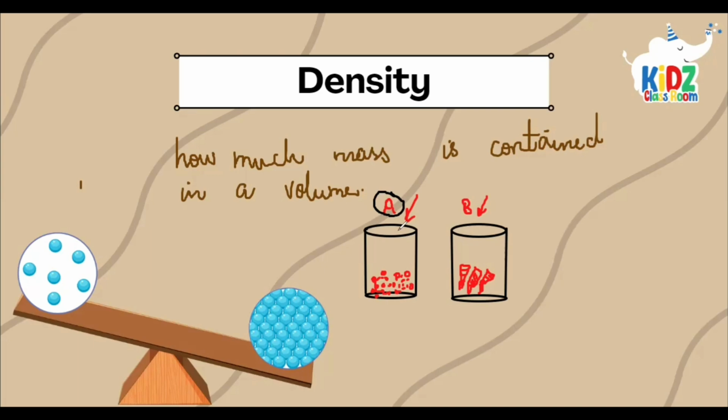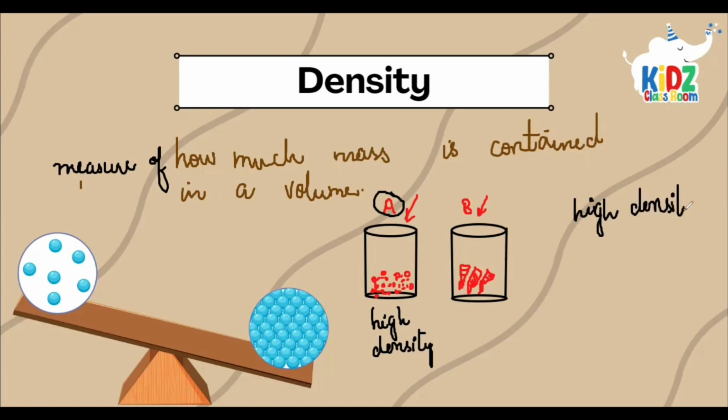So this means that the marbles are tightly packed, making the jar heavier and denser, which means that they have high density. And what is density? Density is a measure of how much mass is contained in a volume. Now, the last property of solids was that they have high density. Why? Because the atoms are tightly packed together, which makes them heavier.